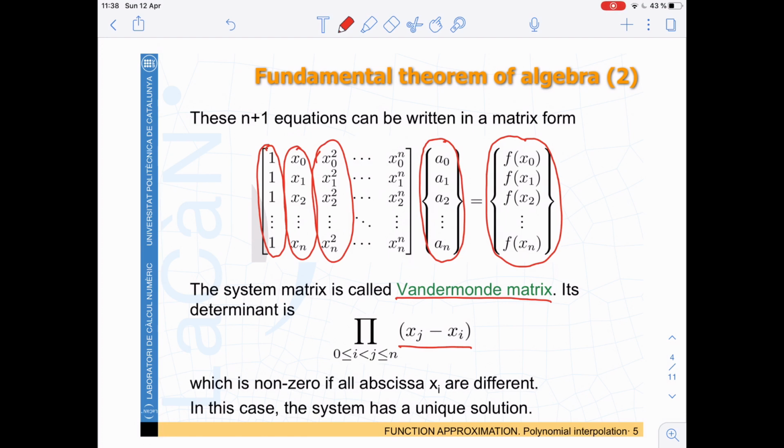So since we assumed in the hypothesis of the theorem that all these abscissas are different, all these are different from 0, so that the determinant is different from 0. In other words, the matrix is regular, the linear system is compatible determinate, so we indeed have a unique solution.